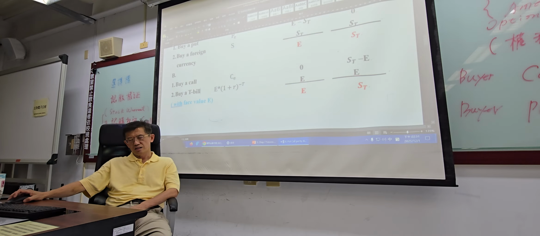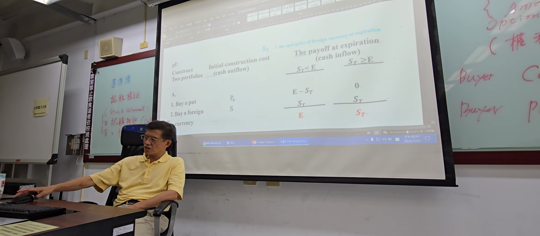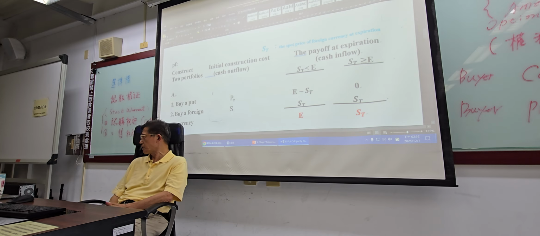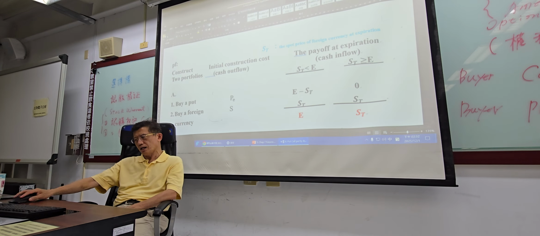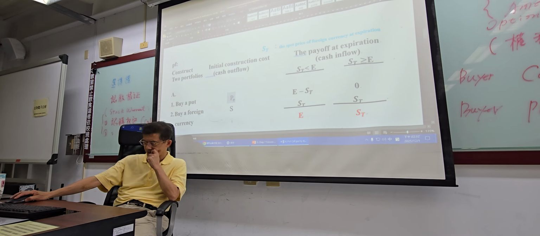And now let's check it more clearly: the initial construction cost of portfolio A and portfolio B. To construct portfolio A, you buy a put, so you have to pay P sub E, which is the premium of the put.